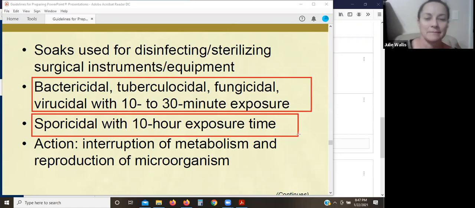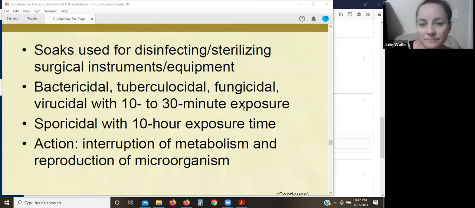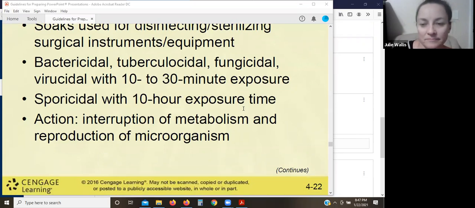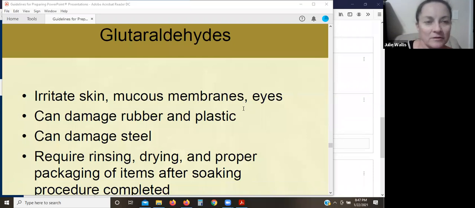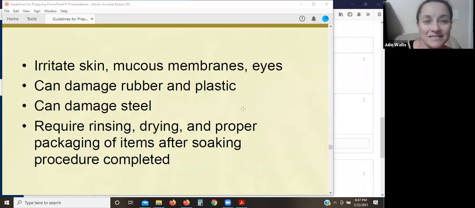Interrupts metabolism and reproduction in the organisms. And then glutaraldehydes can also irritate the skin and mucous membranes, can cause damage to rubber and plastics and steel, and also requires rinsing and drying and proper packaging of items after being soaked.